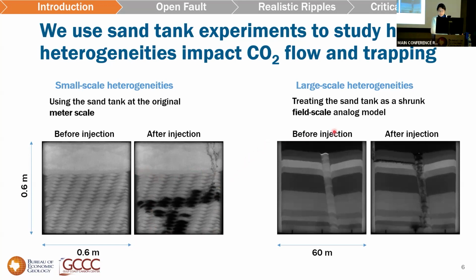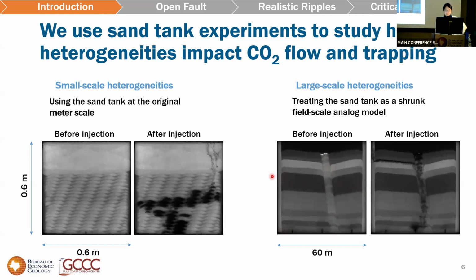And for the second type of experiment, in order to study the effect of large-scale heterogeneities, we can treat the sand tank as a shrunk field-scale analog model. So in this way, we can model larger-scale heterogeneities, such as a fault or anticlines or interbedded sand and shale that are at the hundreds of meter scale.